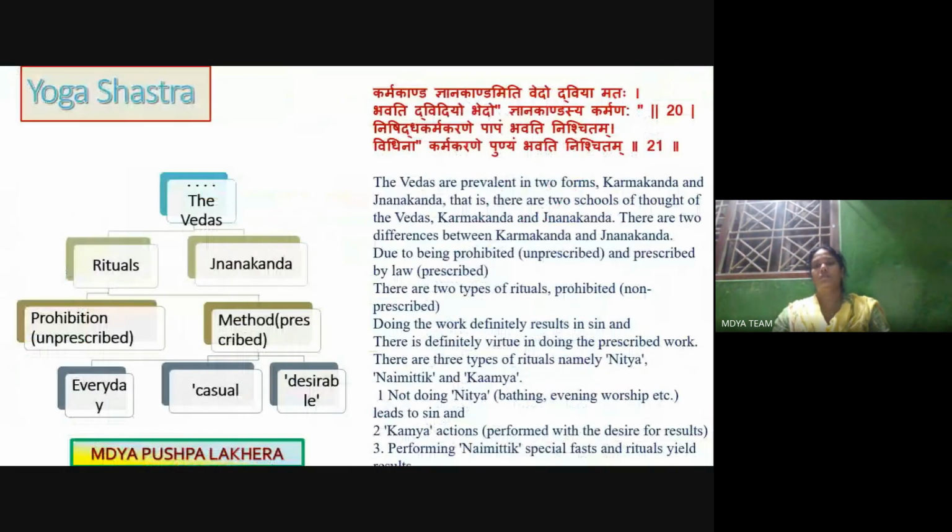So there are two types of actions: the prohibited, and the prescribed. Doing the prohibited work definitely results in sin, and there is definitely virtue in doing the prescribed work.